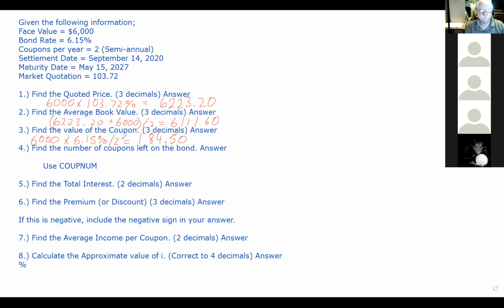So they've given us a settlement date and a maturity date. So I'll write those down because we'll need them. The settlement date, September 14th, 2020.